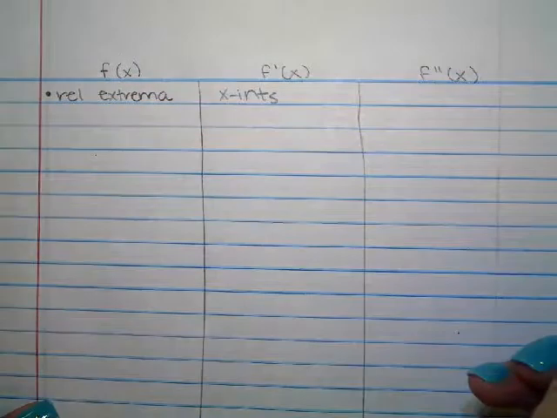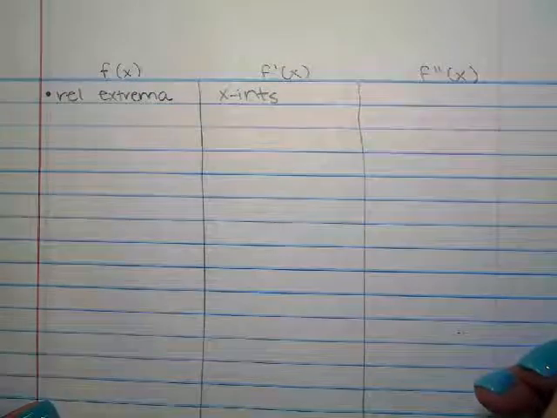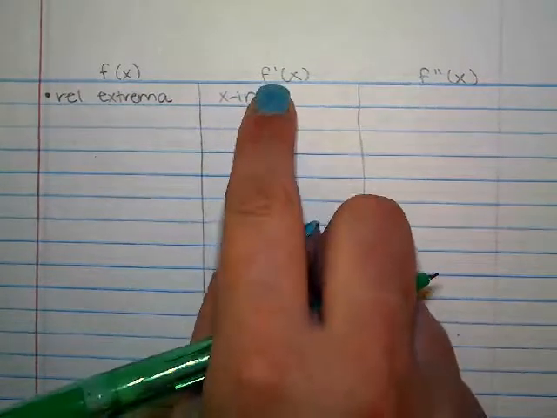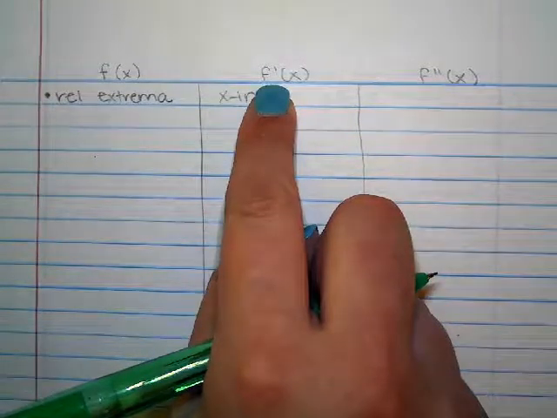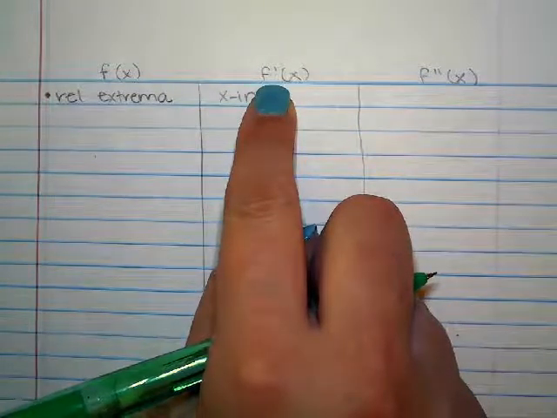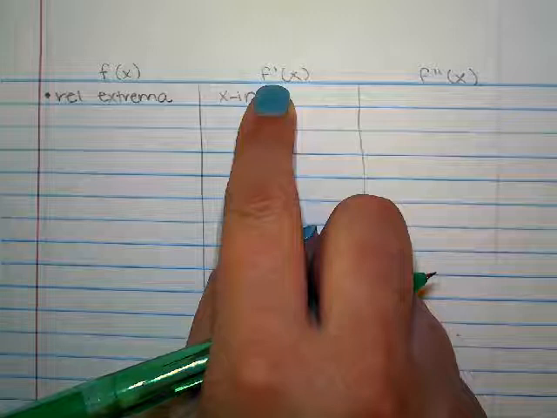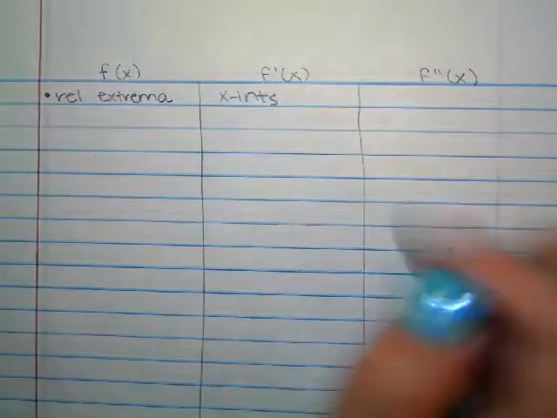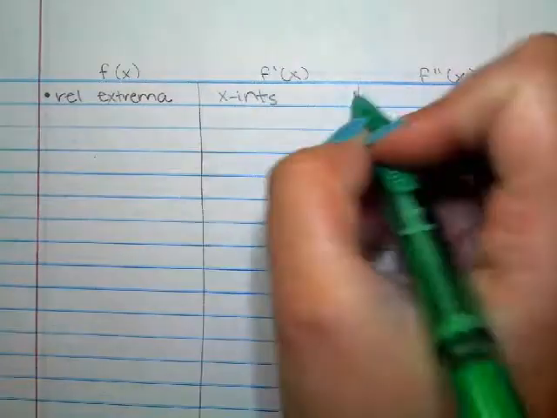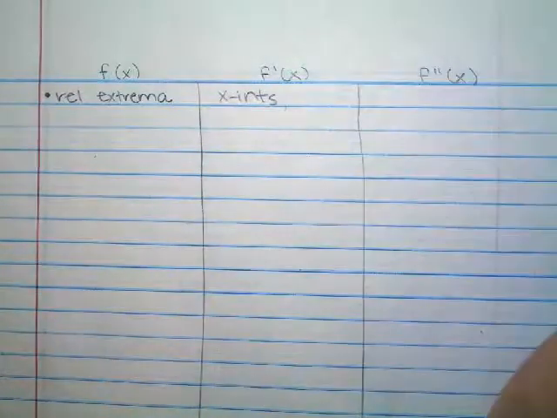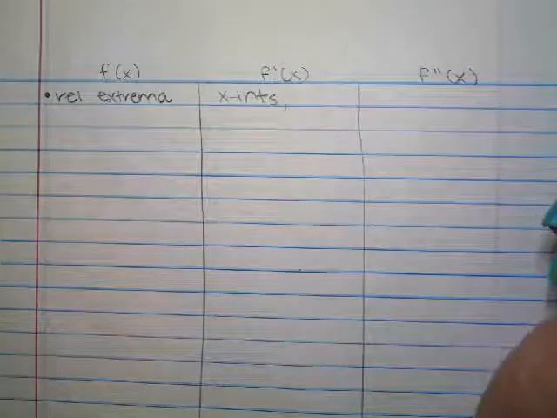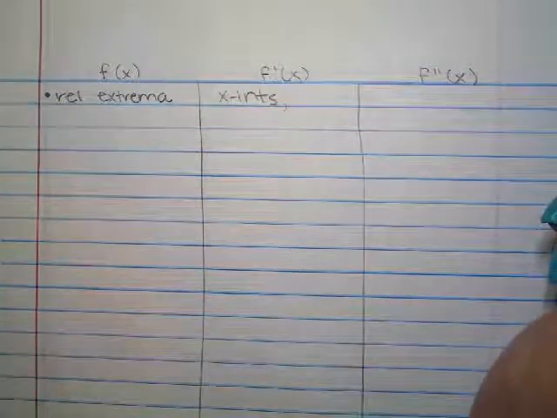Or what else could it be? Because x-intercepts would be where f prime of x equals 0, right? So what else? Vertical asymptote, okay. So we're thinking x-intercepts, or places where it's undefined, so places that are a little bit weird maybe.